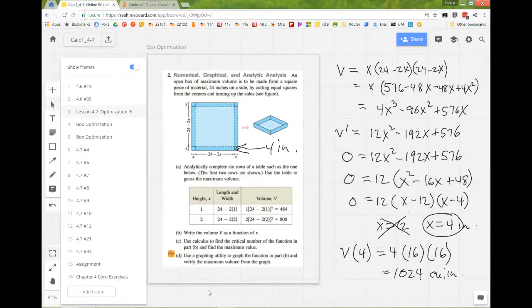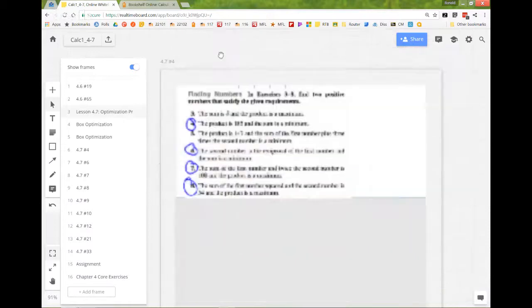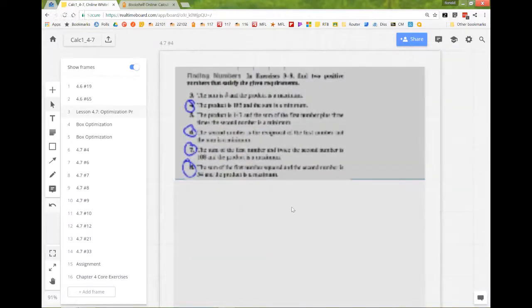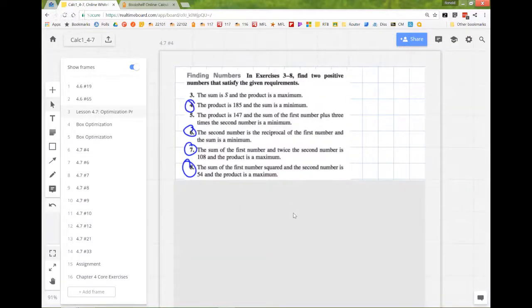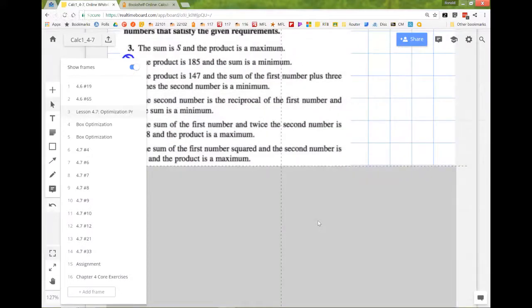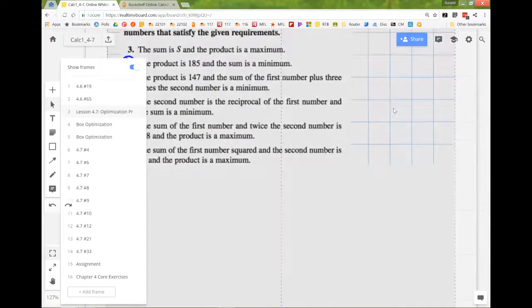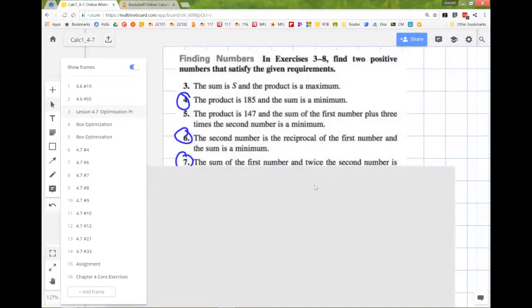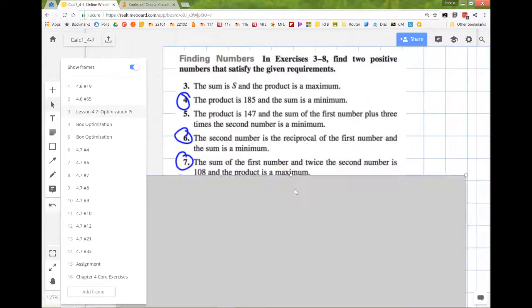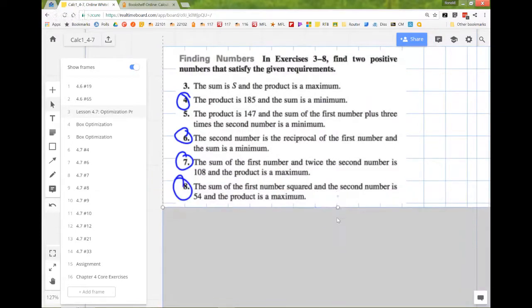All right, let's take a look. So now I'm jumping right to the assignment, and we're going to take a look at problems that you might not think of as this type, but they are. We're going to work on the evens, and obviously I'm going to give you some odds.